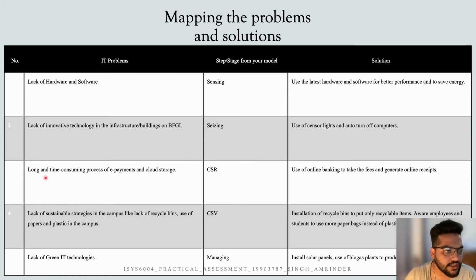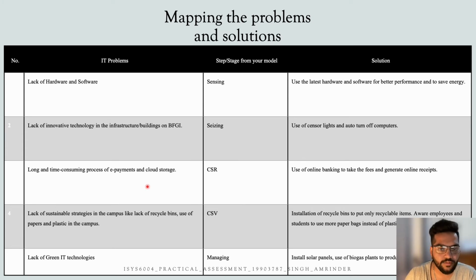And the third one is long and time consuming processes of e-payments and cloud storage. I found this problem by using the Porter model after studying the corporate social responsibility step. In this problem, the institute is dealing with cash payment.